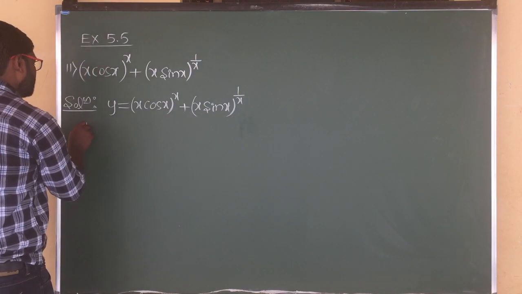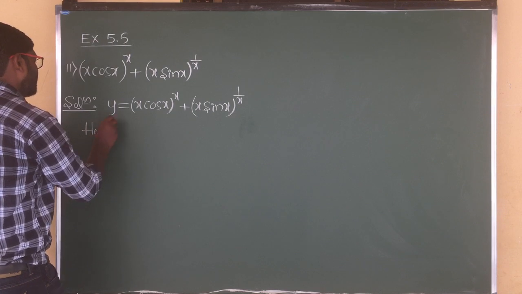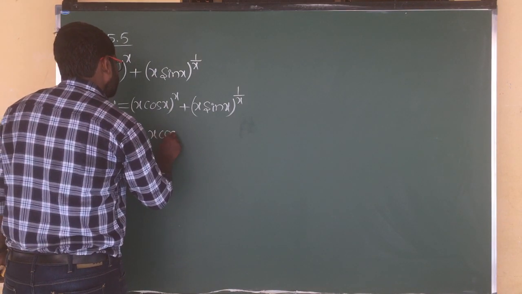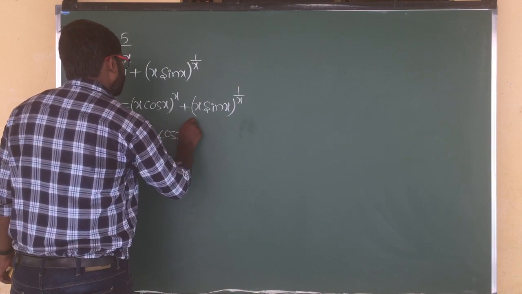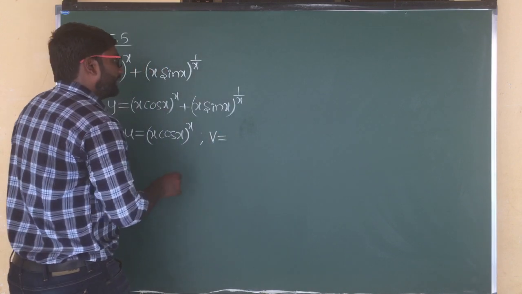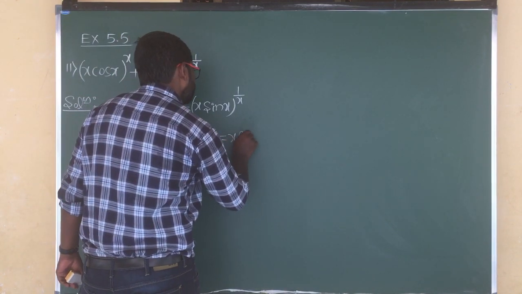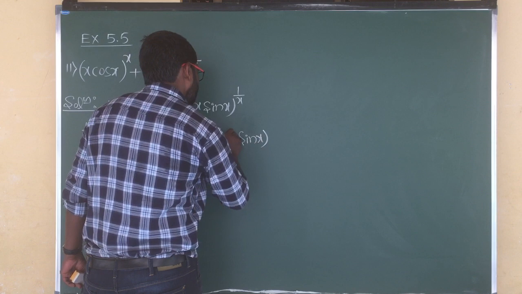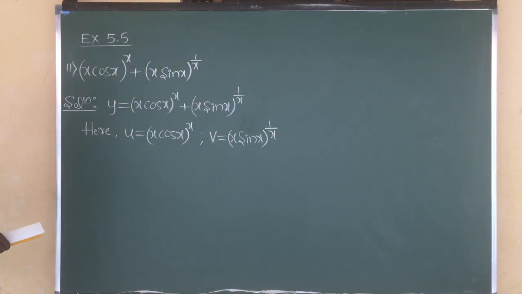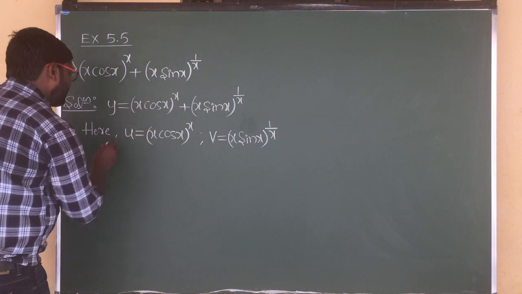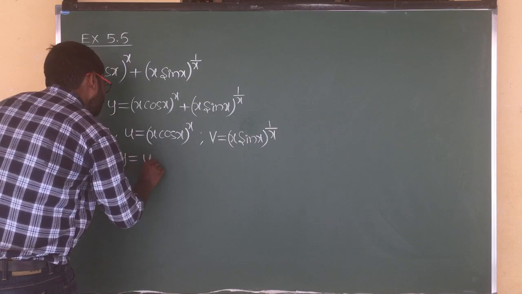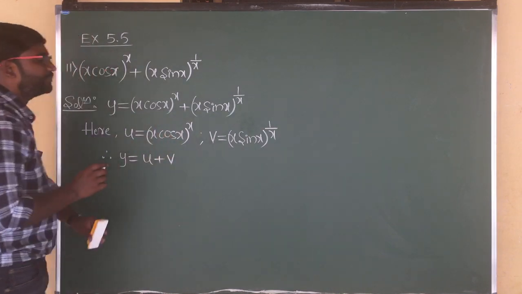So u is equal to (x cos x)^x, and v is equal to (x sin x)^(1/x). So now we have to rewrite y. Therefore y is equal to u plus v.